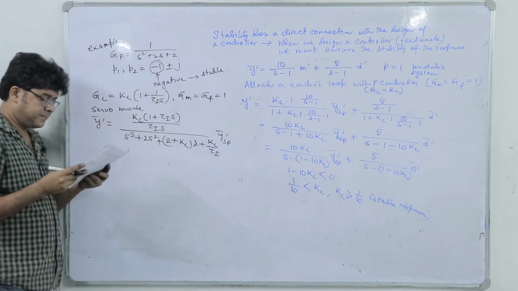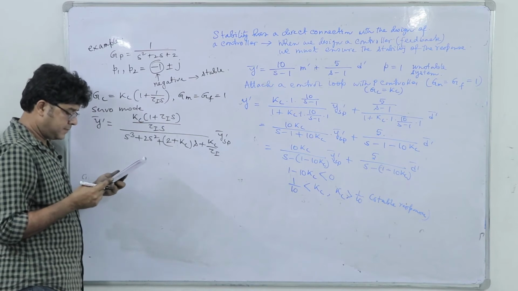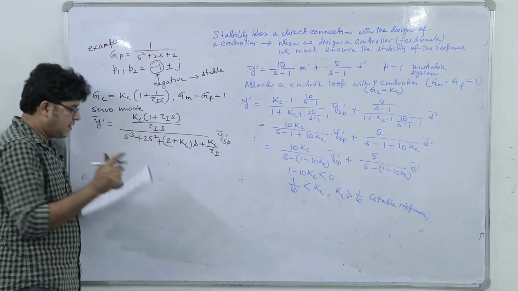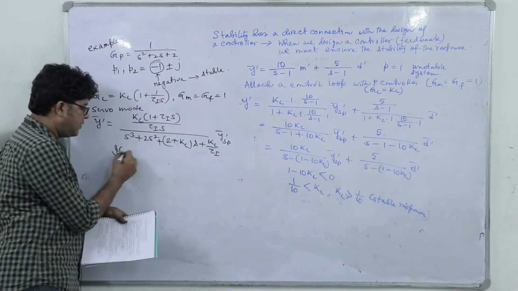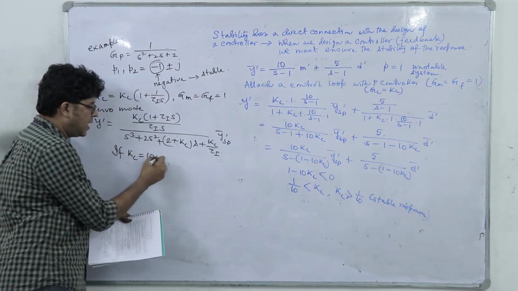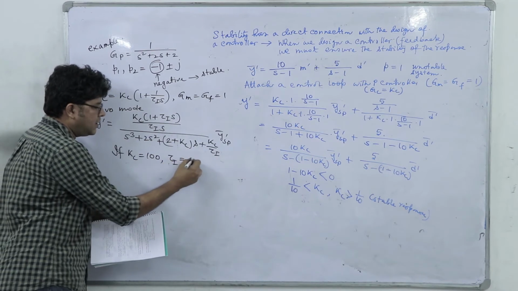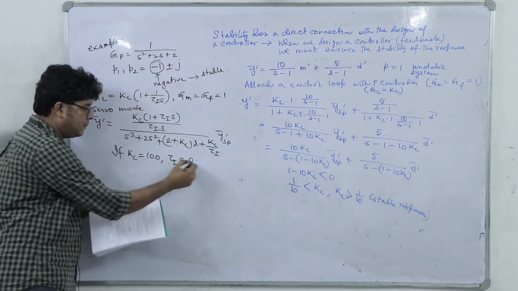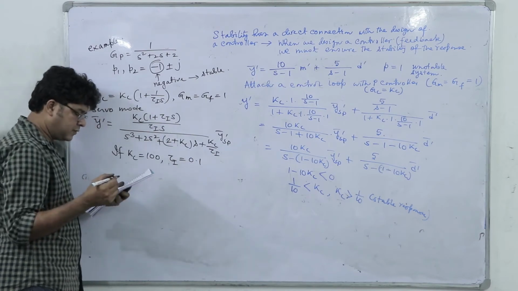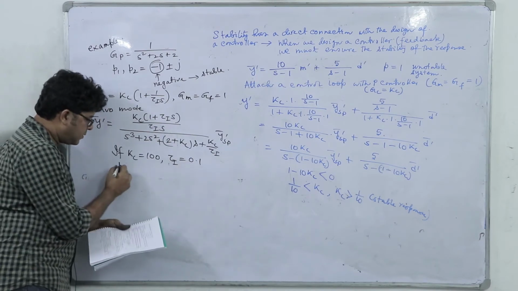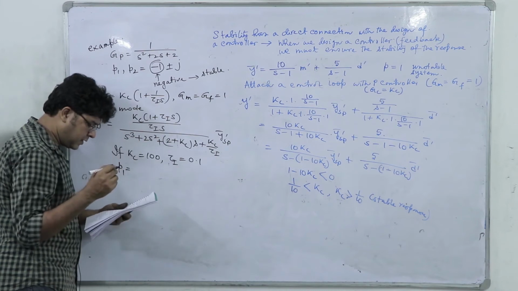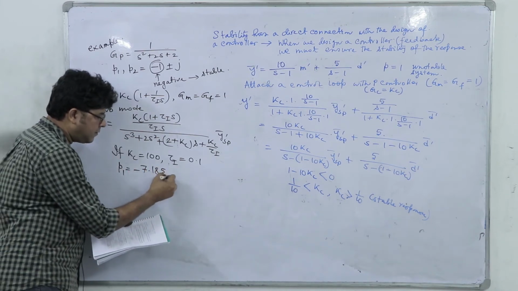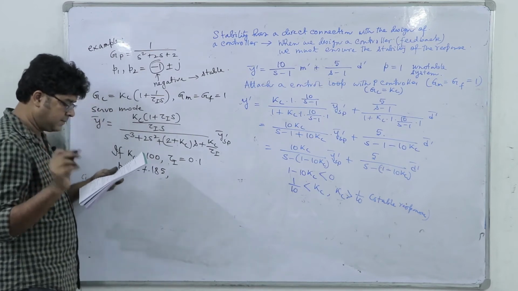Now you see, if we set Kc equal to 100 and tau I equal to 1, then what are the roots? What are the poles rather? P1 is minus 7.185, negative, so fine.